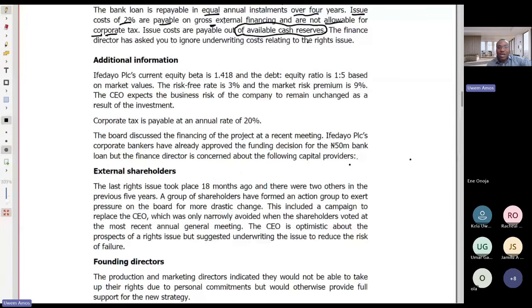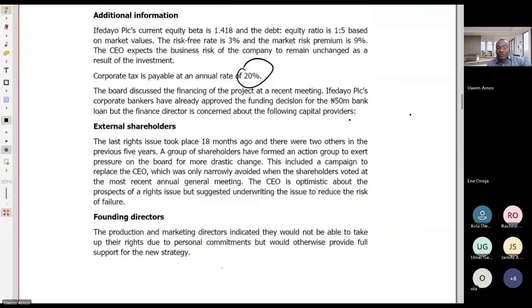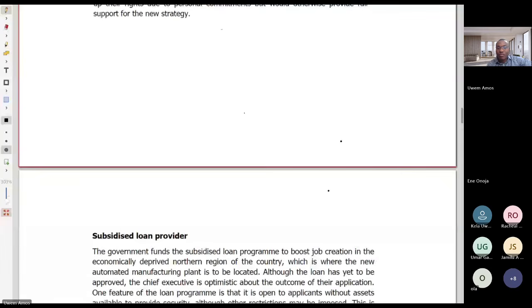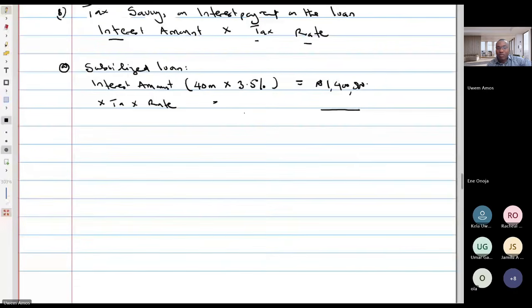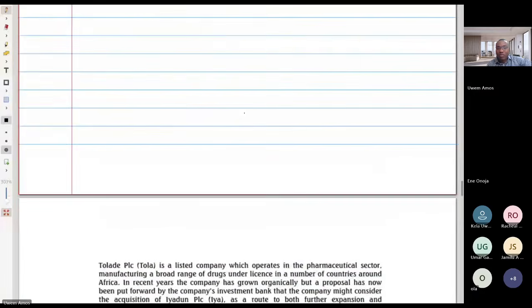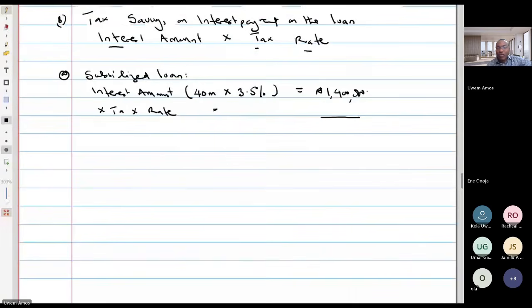Yeah, corporate tax is payable annually at the rate of 20%. So multiply that by 20%.